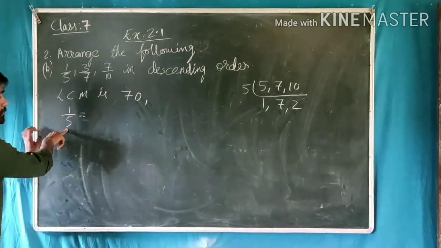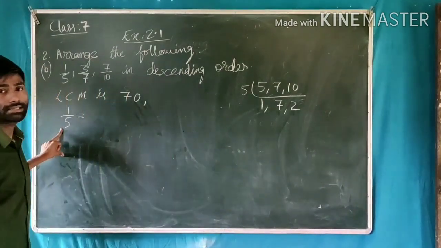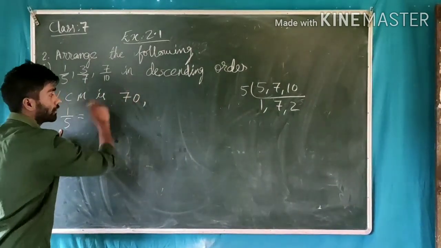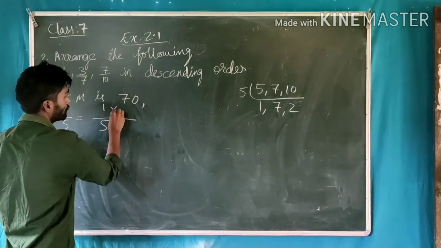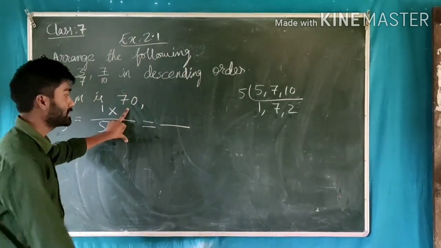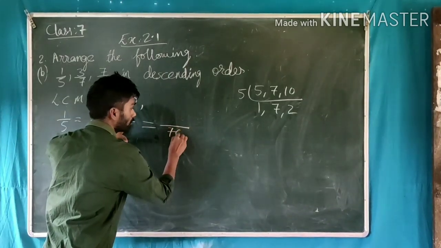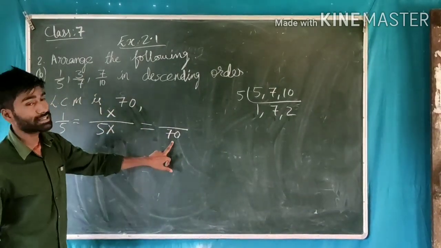We'll multiply this 5 how many times to get 70, that is the denominator, the LCM that we got. So 1 by 5 into, the denominator must be 70. So 5 how many times will multiply to get 70?